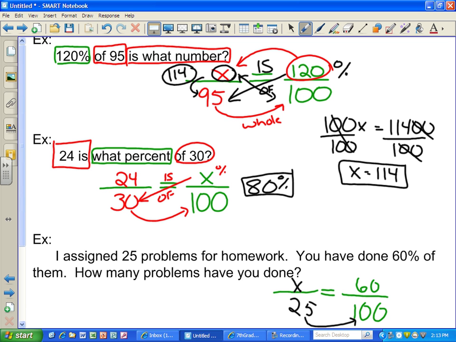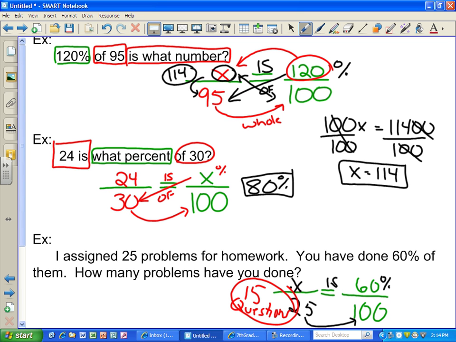So if you read it left to right, what number is 60% of 25? So go ahead and do your cross products, and you solve it. And you would get 15 questions that you have done.